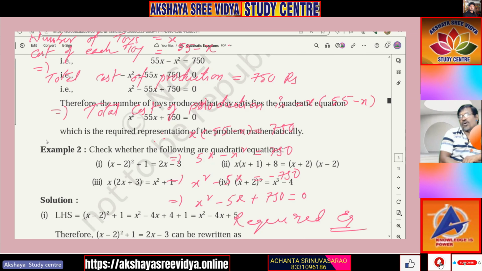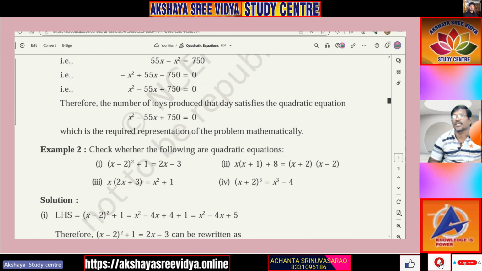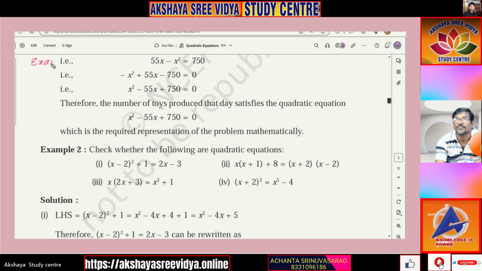Check whether the following are quadratic equations. x minus 2 whole square plus 1 is equal to 2x minus 3.